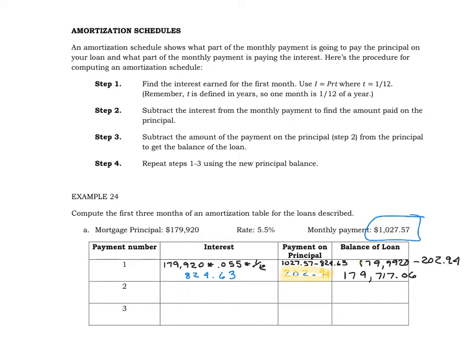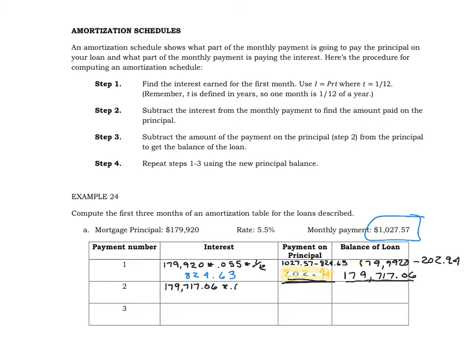It says subtract the amount of the payment on the principal. That was this right here, from the principal to get the balance of the loan. That's this right here. And they want us to repeat steps 1 through 3 using the new principal balance. So our new principal balance was $179,717.06.